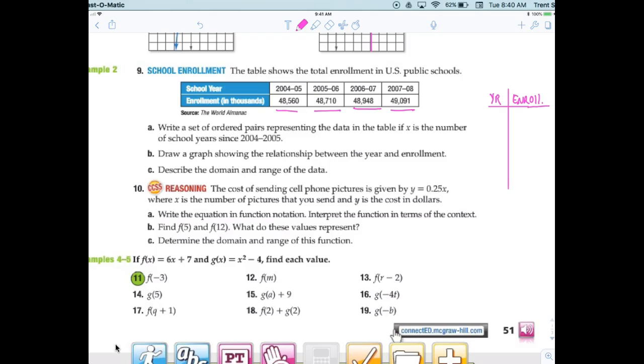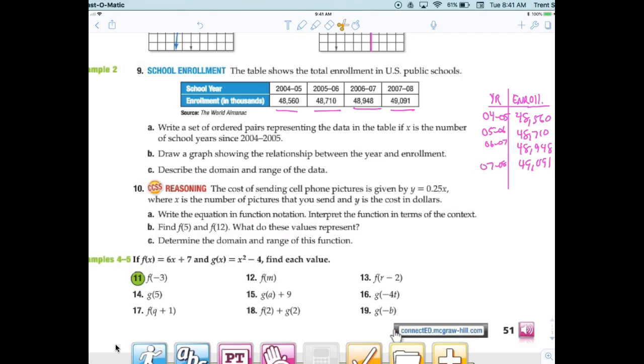So now the x coordinate would be, I'm just going to put 04, 05, 05, 06, 06, 07, 07, 08, and then we'd write the y value, which is 48,560, 48,710, 48,948, and 49,091.